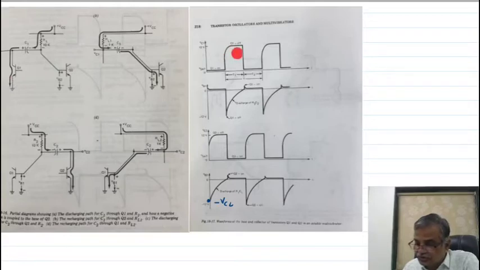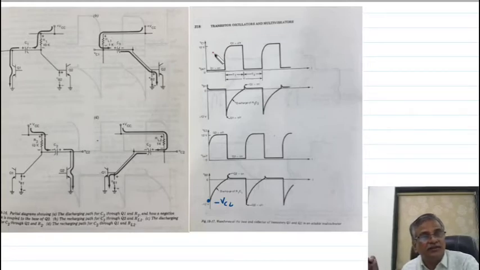So here this remains in an off condition depending upon the time constants of C2 and R2. So you can say the transistor Q2 remains in an off condition depending upon the discharging of C1 through R1.